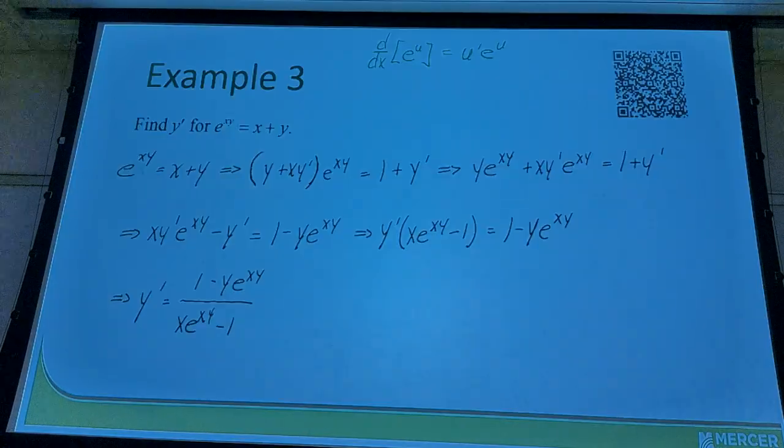Why do I hate that? Can you cancel out e to the x?